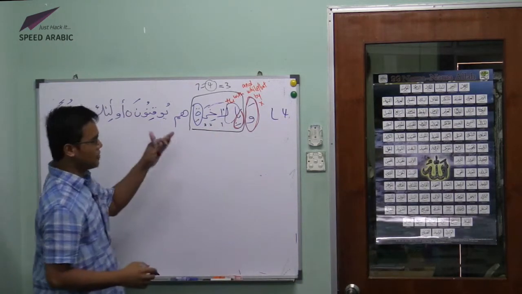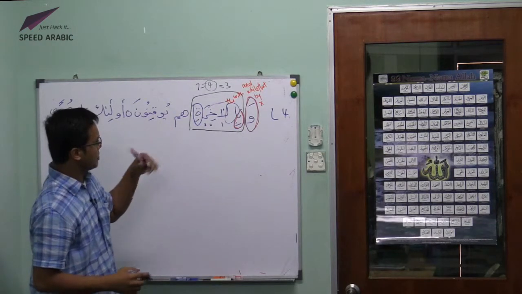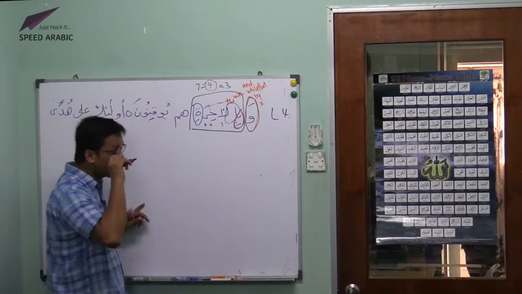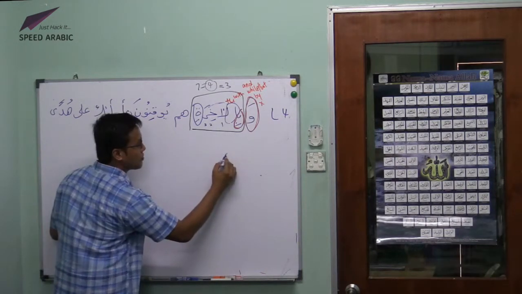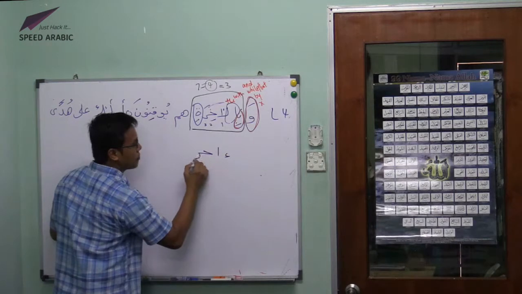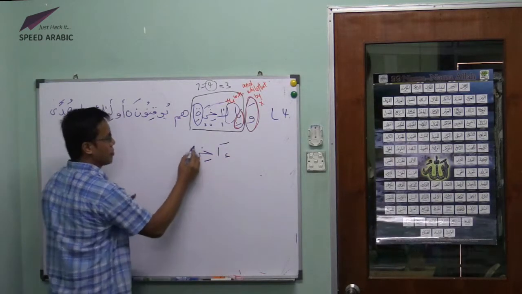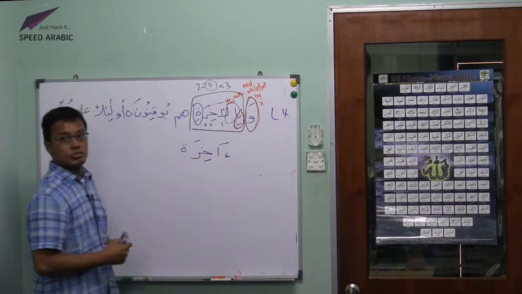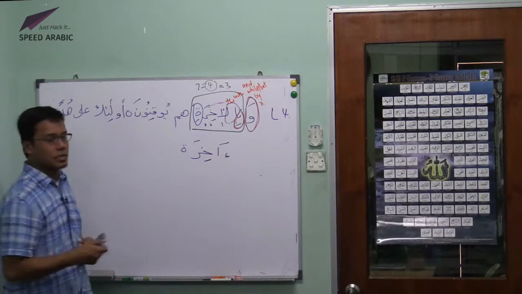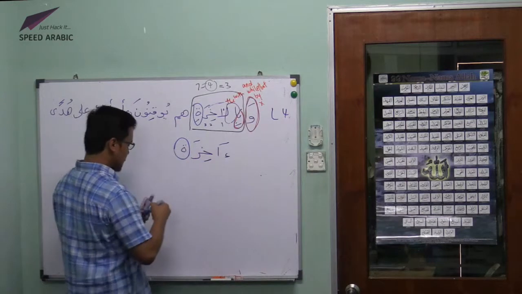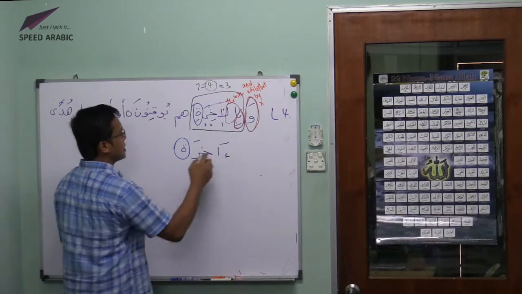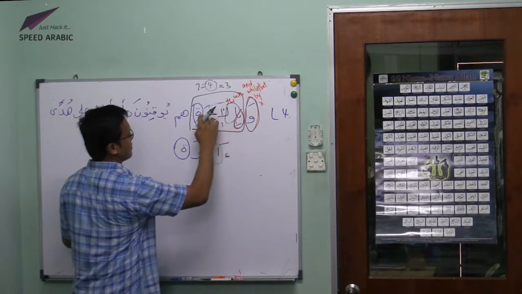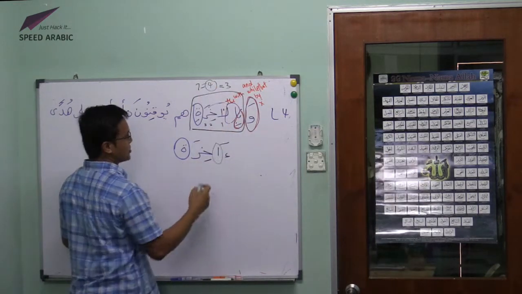Is there any affix left there? So you read it as bil akhirah. So there is a suffix here and there is an infix. So there are 5 affixes.